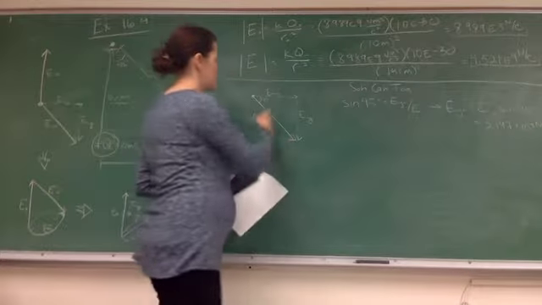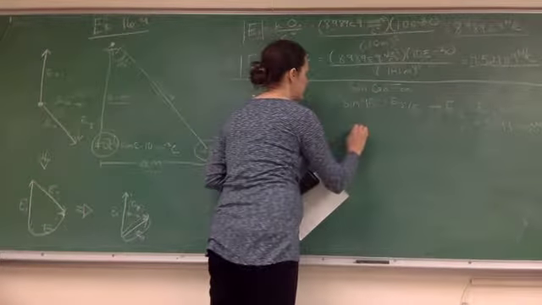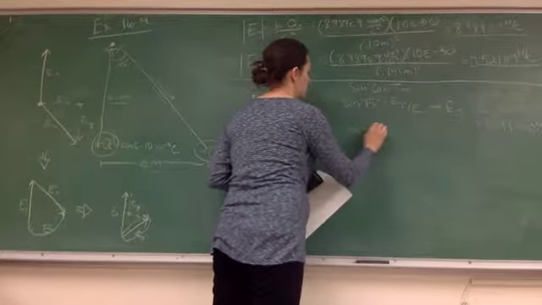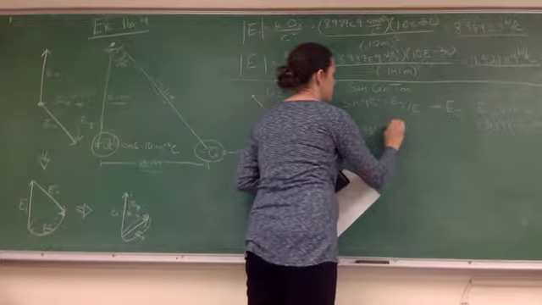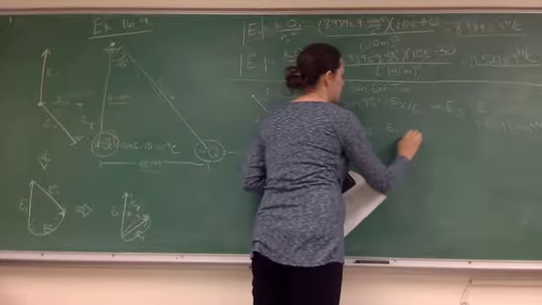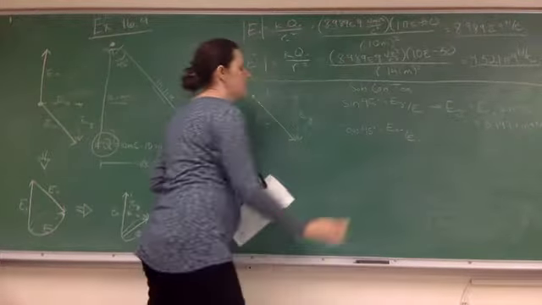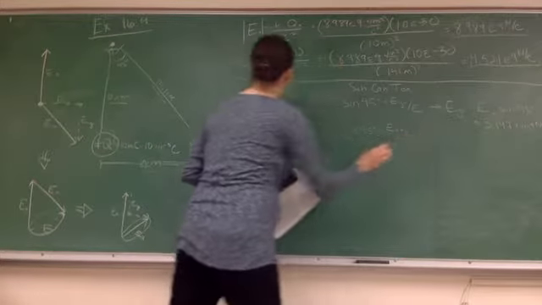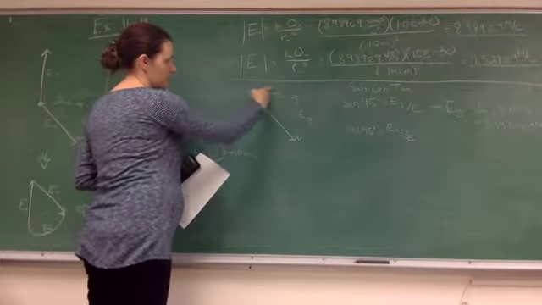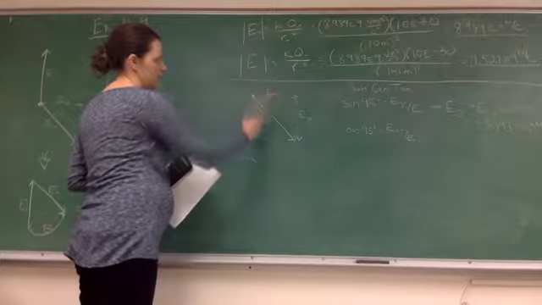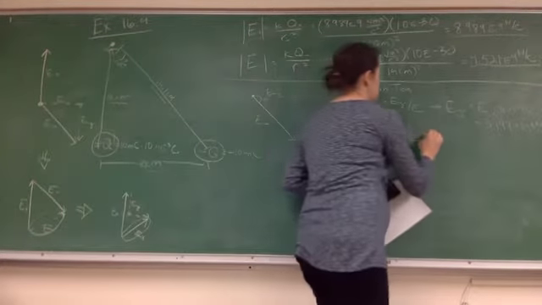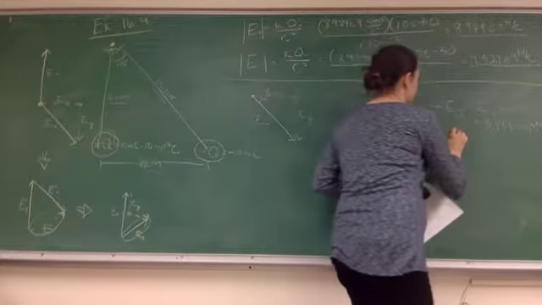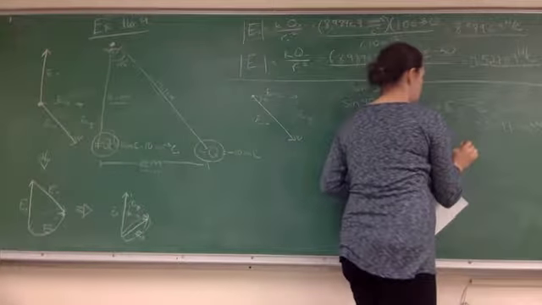Do the same thing for cosine now. So cosine of 45 is E_x minus over E minus. So cosine is adjacent over hypotenuse. So cosine of 45 will be the adjacent side over the hypotenuse, so that's E_x minus over E minus. Solve that for E_x minus, and we'll get a similar type of equation.